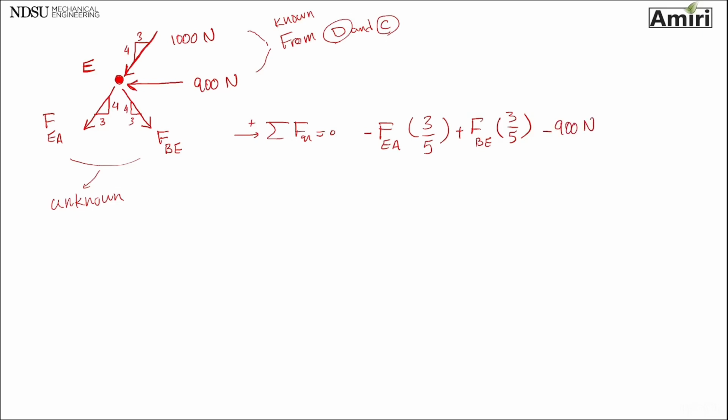That 1000, it's 1000 newtons, 3 over 5. That one is also minus, equals 0.